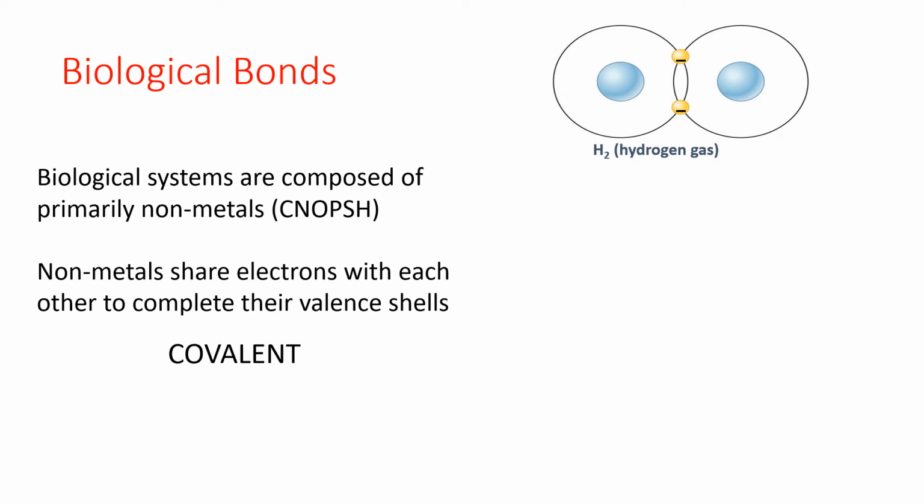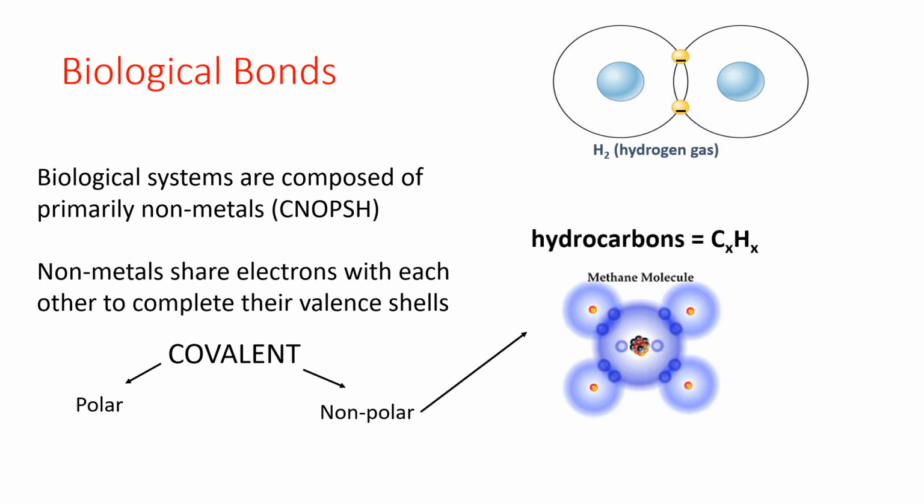A couple more words on covalent bonds. They come in a couple varieties, depending on the nature of the atoms that are sharing the electrons. They can either be polar covalent bonds or non-polar covalent bonds. And it all has to do, like I said, with the properties of the elements, how electronegative they are. If there is no difference in electronegativity, like between carbon and hydrogen, which have the same electronegativity, that means they share the electrons equally between the two, and there's no unequal distribution of charge.